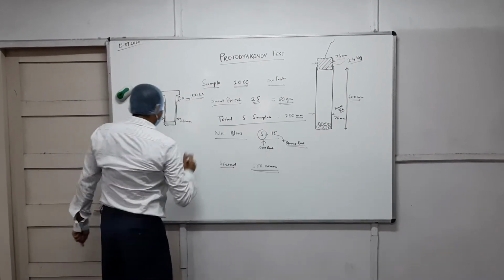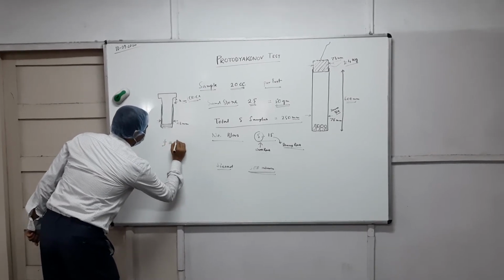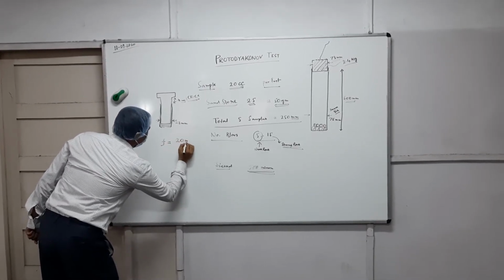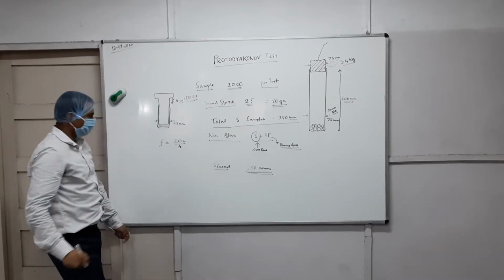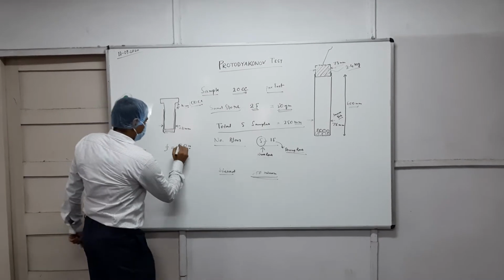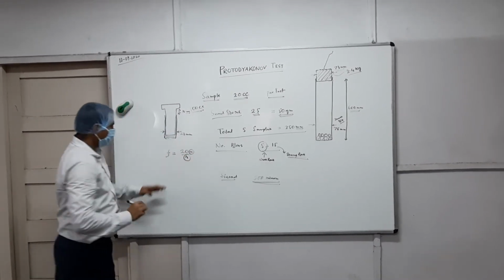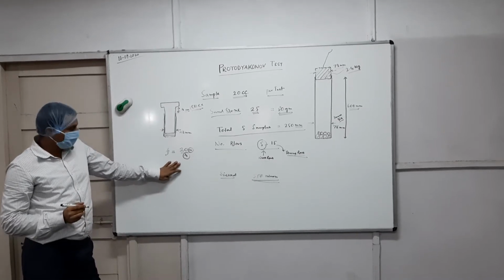After doing this, we will determine the proto-diagonal index: F is equal to 20 n divided by H. Here 20 is a constant, n is the number of blows, and H is the height. So this is the proto-diagonal index.